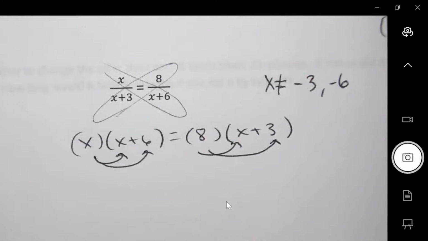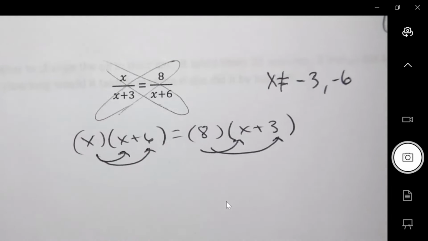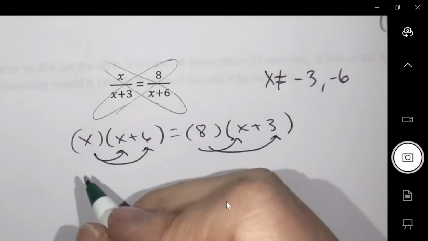I have to distribute those. What would you ever do if you had two binomials timesing each other? What do you have to do in math when you have a binomial and another binomial when you multiply them? FOIL. This is a monomial binomial, so that's what you're doing, but two binomials, make sure you're foiling.